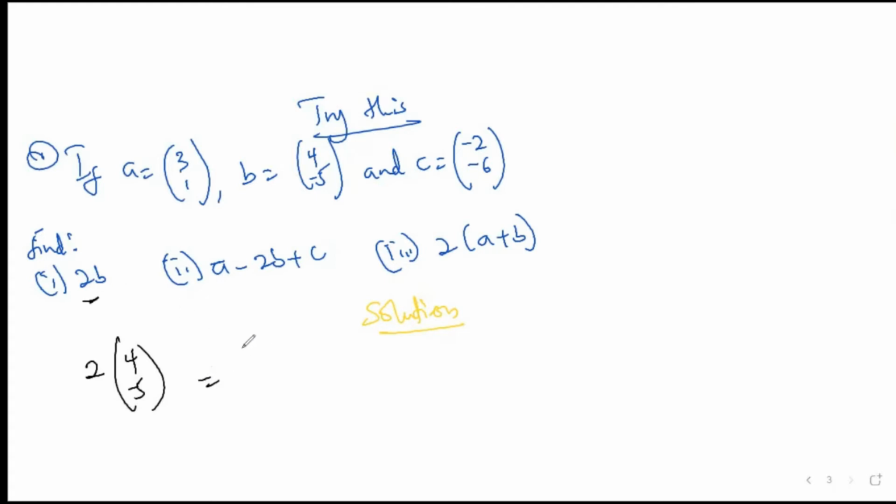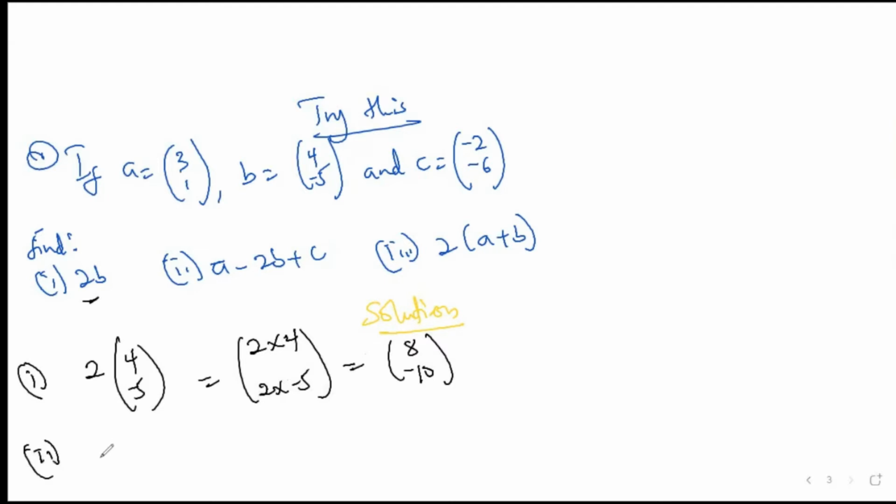Then you expanded. It means the 2 outside is multiplied by everything in here: 2 times 4, 2 times negative 5. Then this will finally give you (8, -10). Don't do it this way, you lose marks.